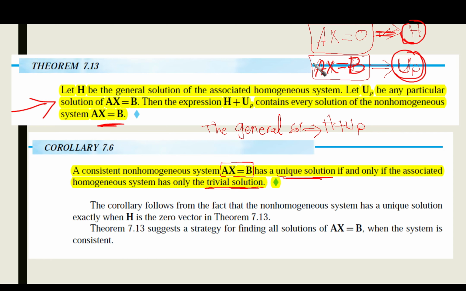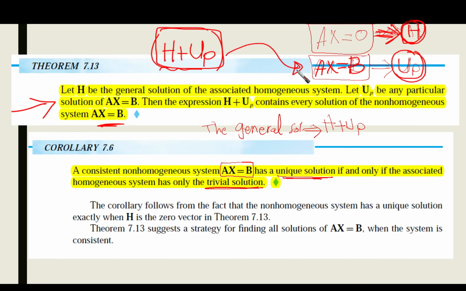And if the associated homogeneous equation AX equal to 0 has a general solution H, then H plus UP is considered to be a general solution. It contains every solution of the non-homogeneous AX equal to B.